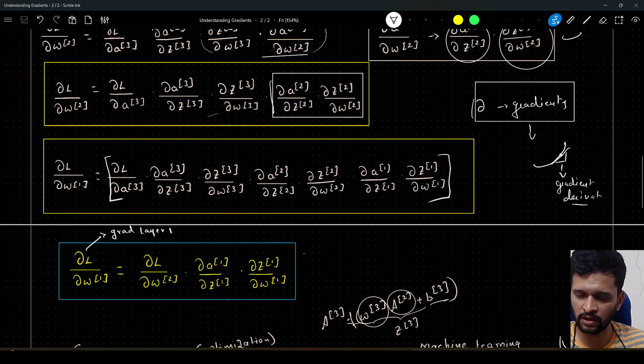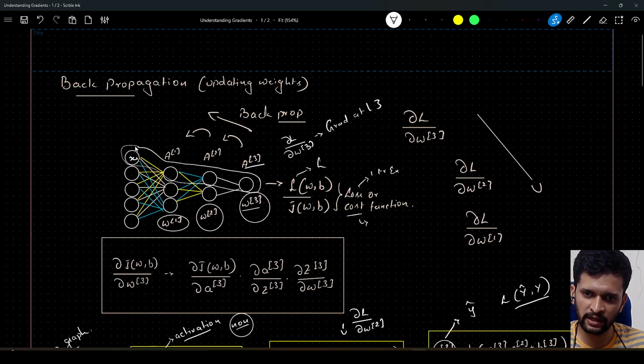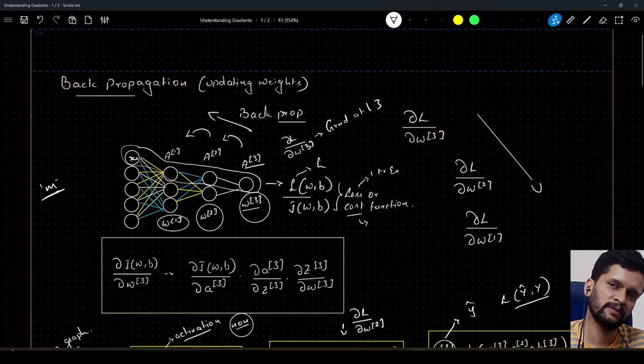So this is what our gradients or derivatives are with respect to weights and J or L, you can call it. Now I have explained it to you by taking just one single example and one neuron. We will repeat this for the entire neural network architecture by considering all training examples M, right?